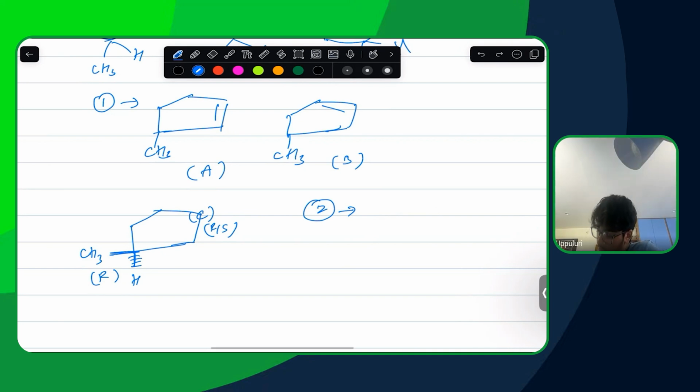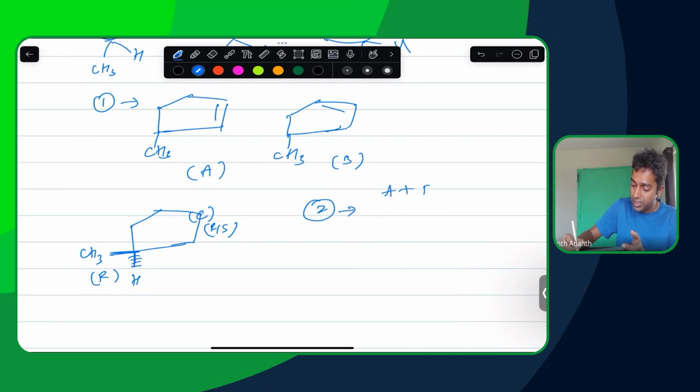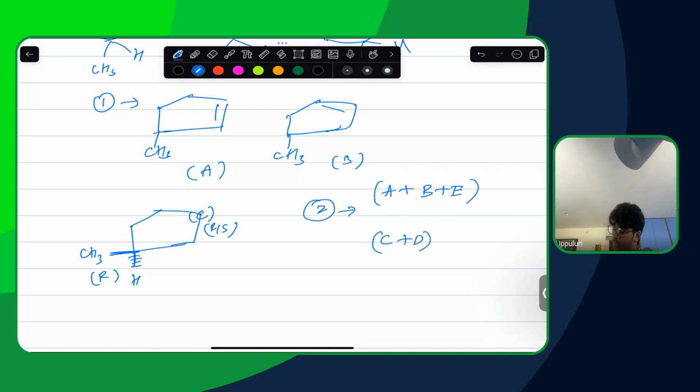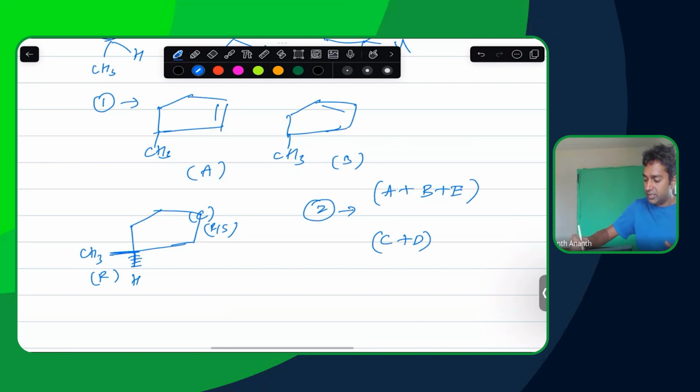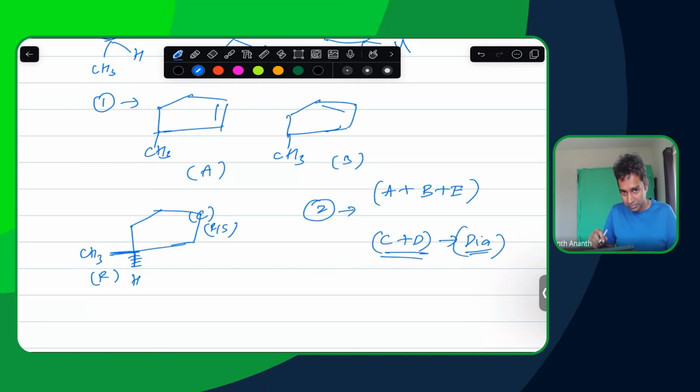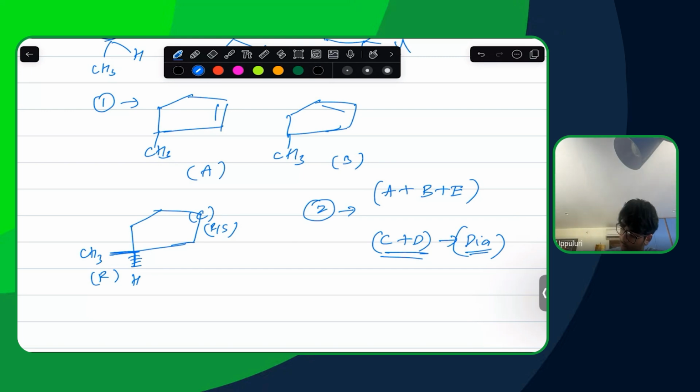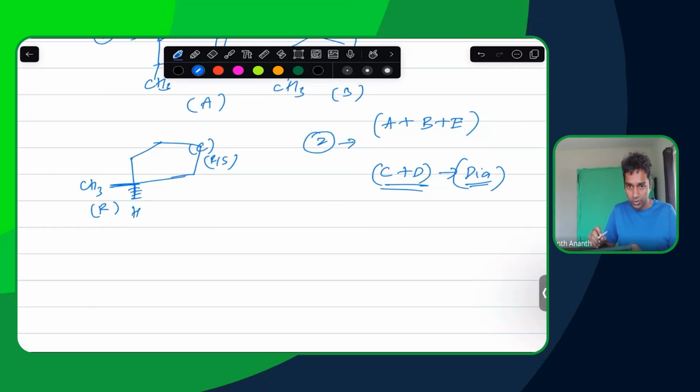The double bond can also form on the methyl. In the second compound, we should be having A plus B plus E for the elimination, and C and D. But only two should be formed. And more critically, the C and D here are going to be again diastereomers, not enantiomers. Yes or no? So again, the second compound is out.